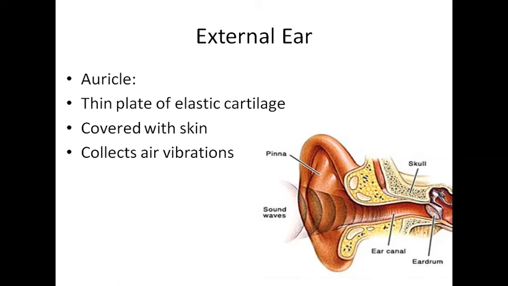This is because of the presence of cartilage underneath the skin. The cartilaginous plate is covered with skin, and its function is to collect the air vibrations or sound waves, and after collection, convey them into the ear canal, right?